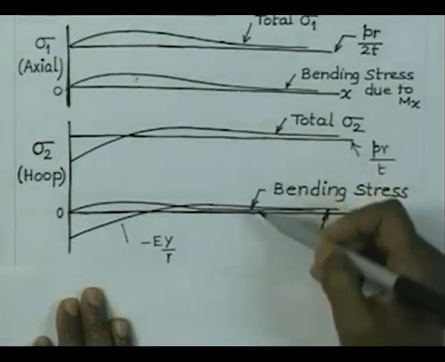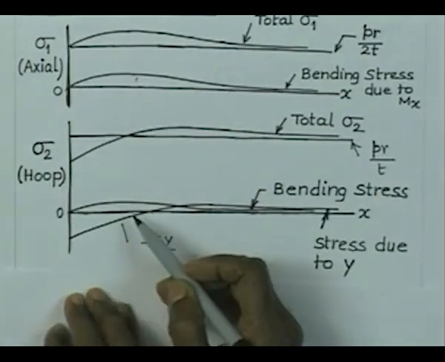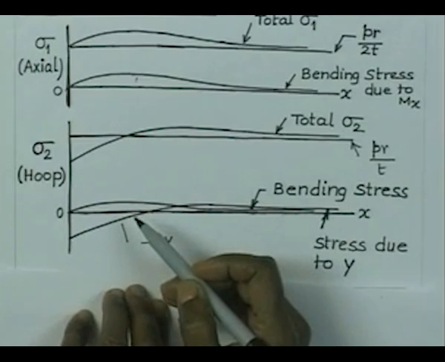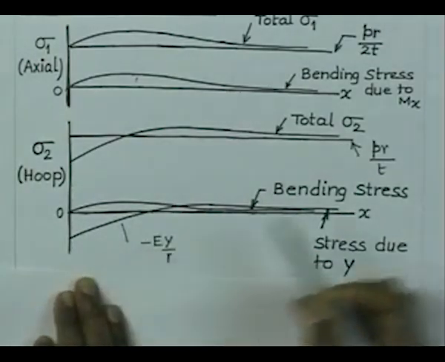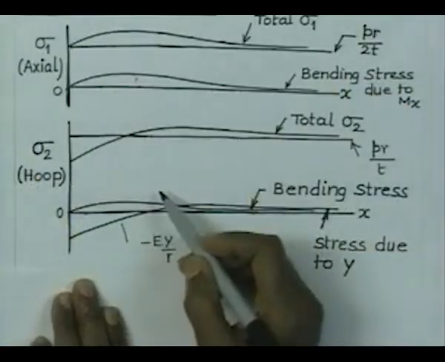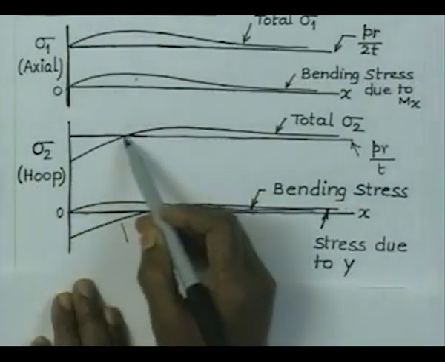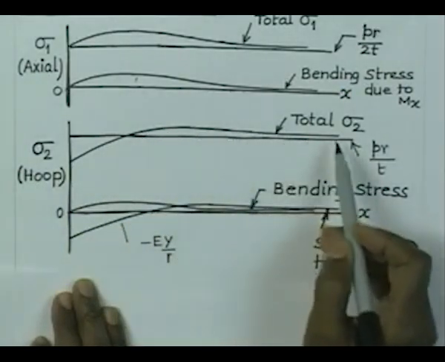Look at this variation, it is very similar to that variation, only that its magnitude is lower and it is dependent on Poisson's ratio. So, therefore, we have now 3 components in the circumferential direction. One is the sigma 2 stress due to pressure, sigma 2 stress due to y, sigma 2 stress due to Mx. So, these 3 can be added and we get the total stress variation like this.